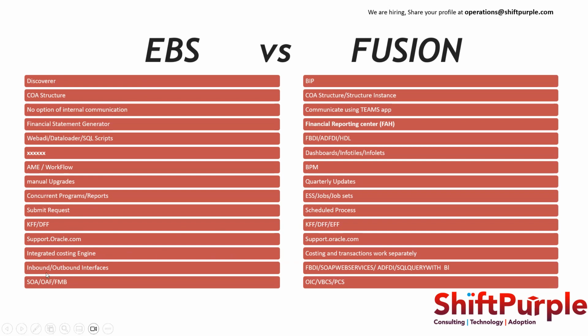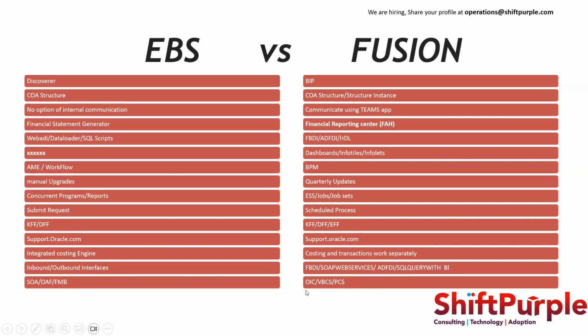In EBS we have inbound and outbound interfaces. We used to develop using the interface by SOA, and we used to have the OAF pages and the FMBs. In Fusion we have FBDI, SOAP web services, ADFDI, SQL query, BI, and here we have OIC, VBCS, and PCS.